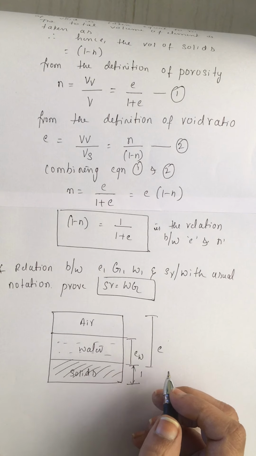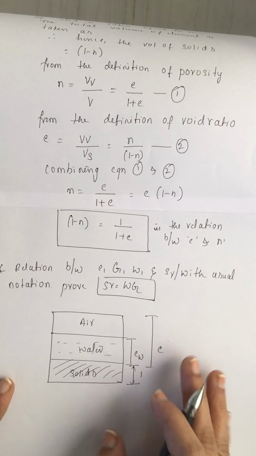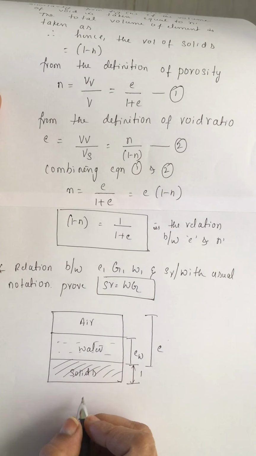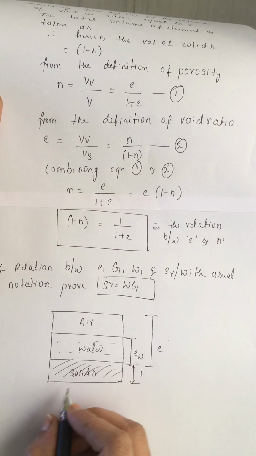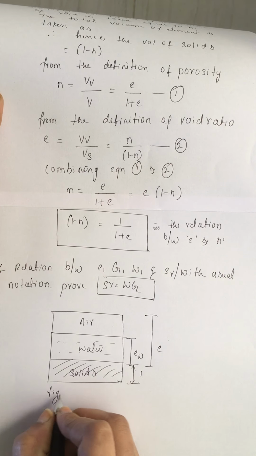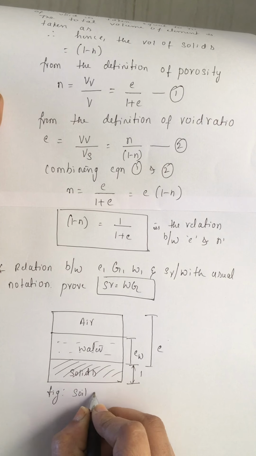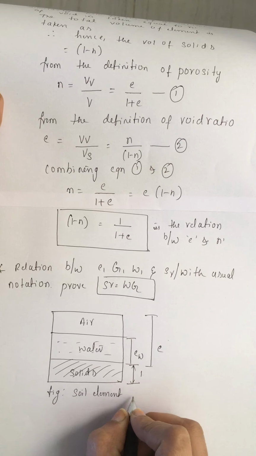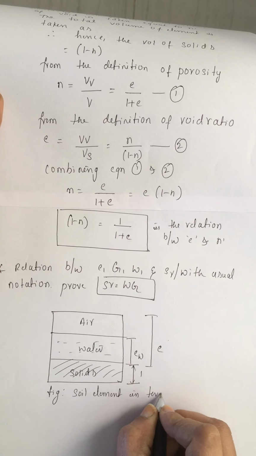The solids is always considered in terms of unity. So the figure shows the soil element in terms of e.